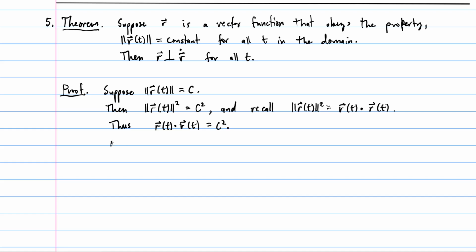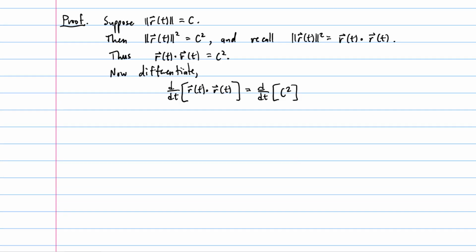Now we can apply the derivative. So now we differentiate. And we get d by dt of, this is like an implicit derivative, right? r of t dot product with r of t, that's got to equal the derivative with respect to t of this constant on the other side. Well, on the left-hand side, this is a dot product of two functions.